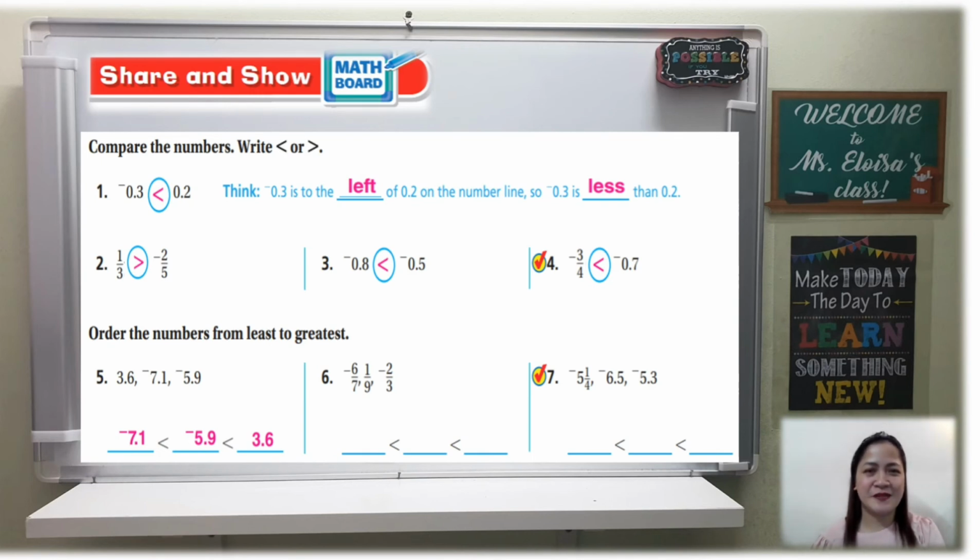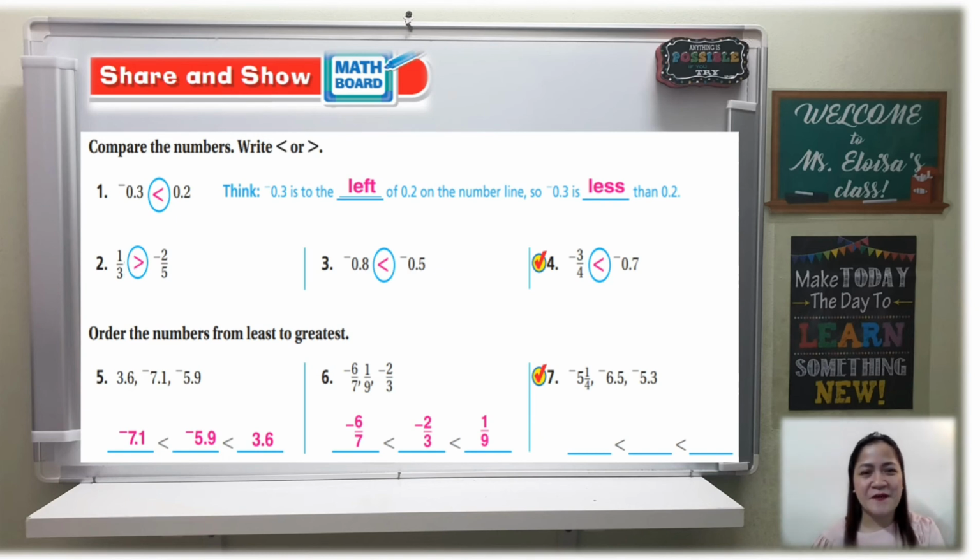Very good. Number 6, we have negative 6/7, 1/9, and negative 2/3. So the least number is negative 6/7, followed by negative 2/3, and the only number that is positive will be the greatest number, that is 1/9.